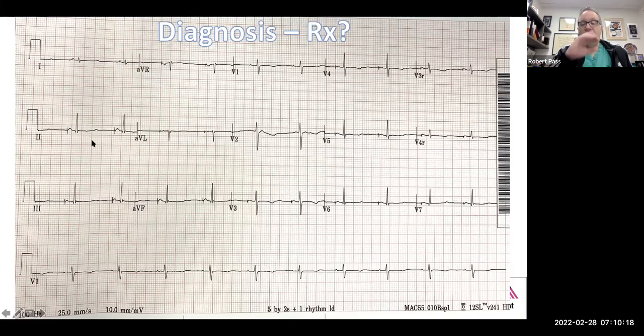Forget about the interval, which you and I can quibble about whether it's long or on the borderline of long, and I certainly understand why you're calling it 11 boxes. It could be close to that. But what's very abnormal appearing is this extremely long isoelectric period between the QRS and the peaking of the T wave. And that should sort of prick up your eyes when you're looking at the tracing.